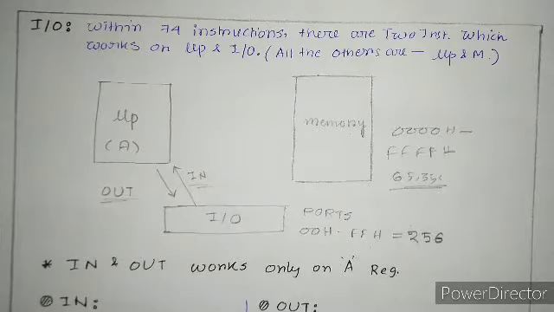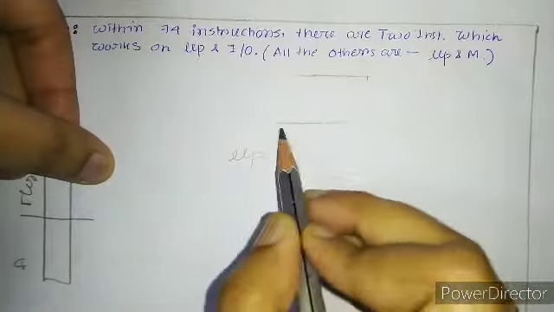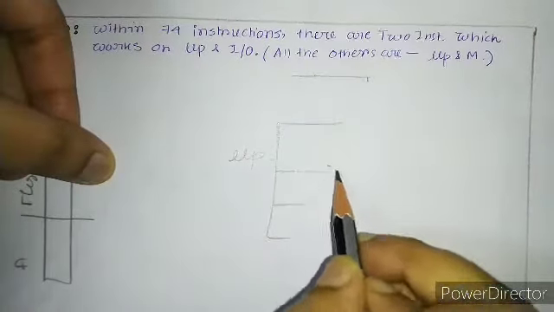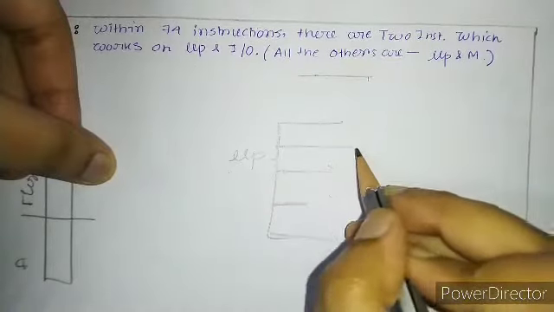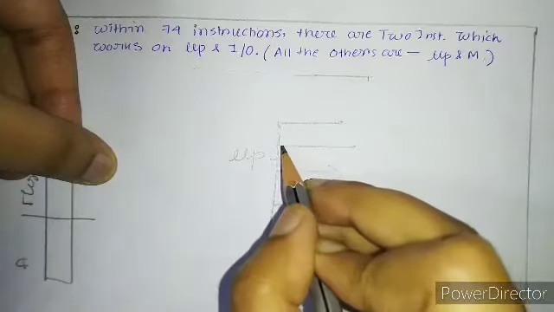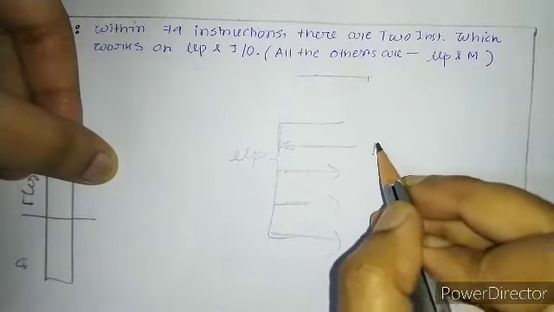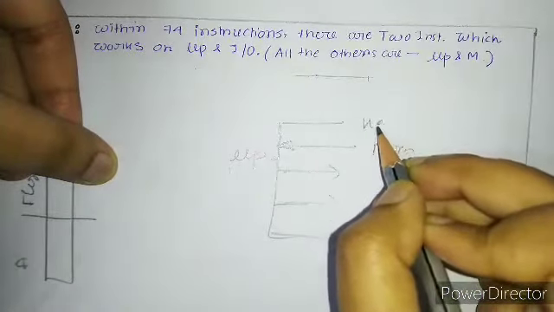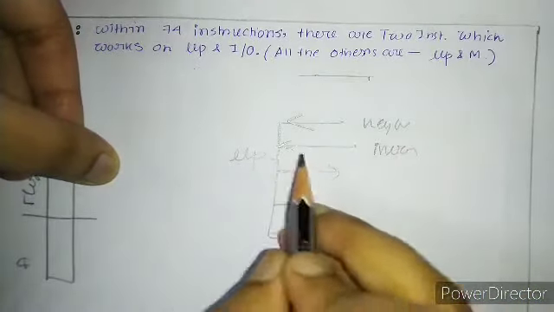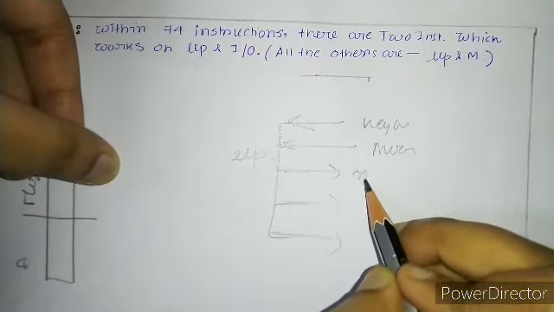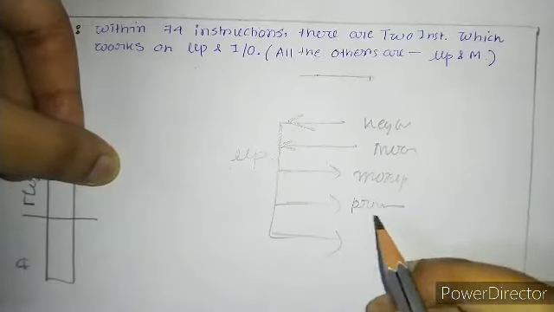Now suppose this is your MUP. How are the external devices connected? Suppose when we want to give some data to MUP, there are input devices, suppose mouse, keyboard. Data gets out via output devices like monitor, printer, and all that.